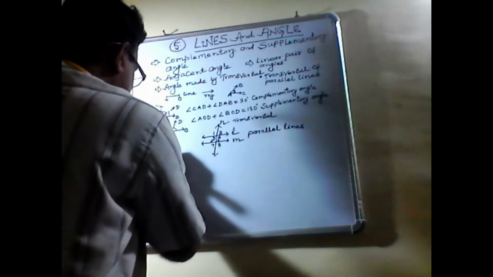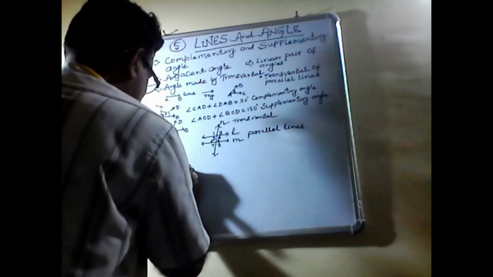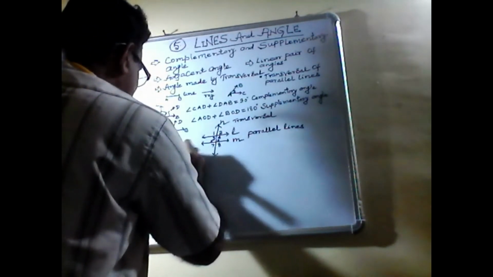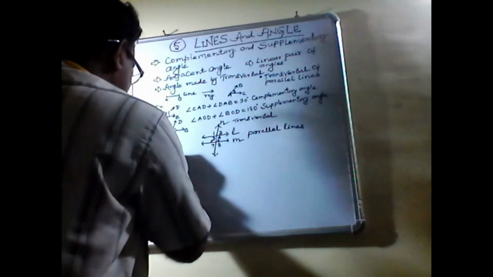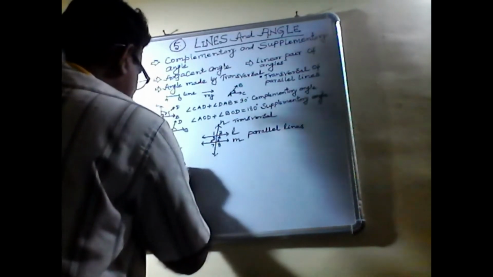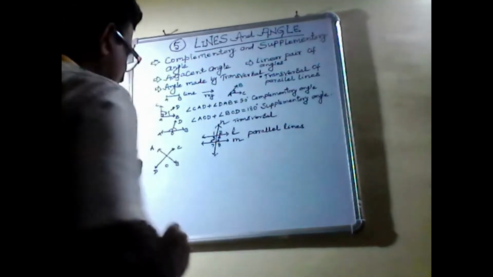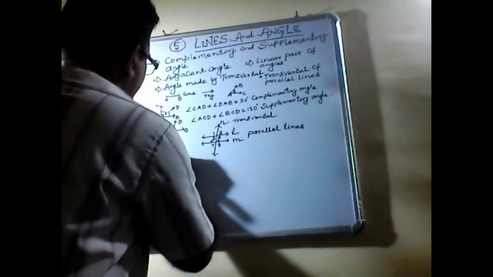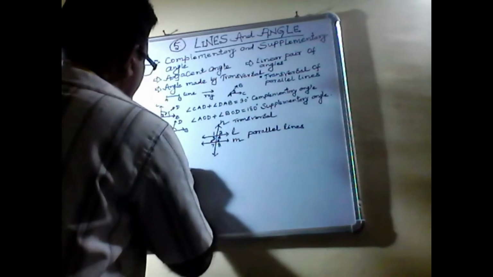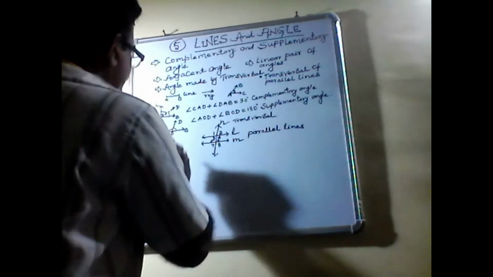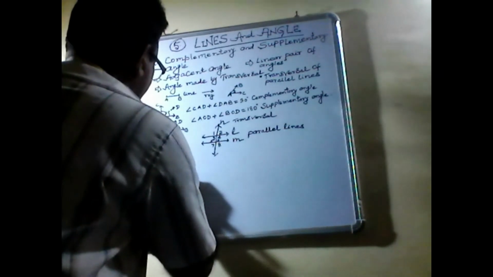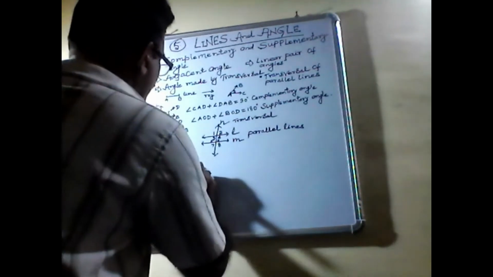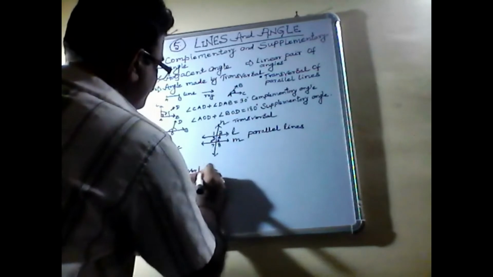Let AB and CD be two lines which intersect at a point O. Obviously the angles, suppose this is angle 1 and this is angle 2, will be equal, that is angle 1 is equal to angle 2, and these are called vertically opposite angles.